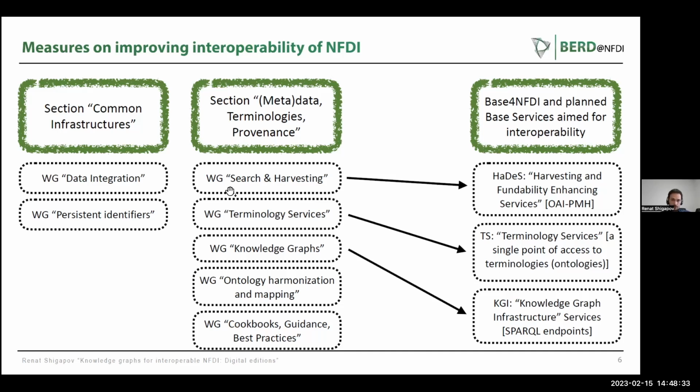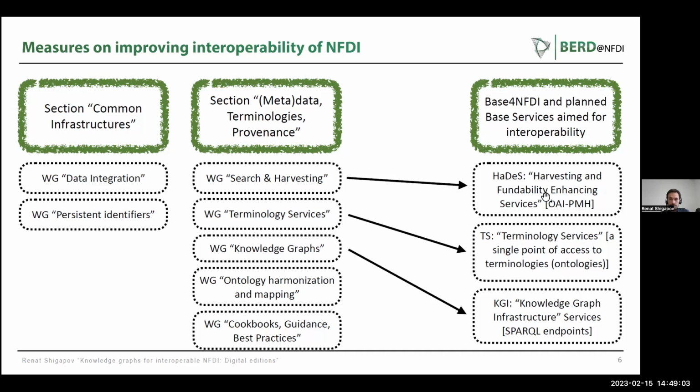And in section metadata, terminologies, provenance, there are 5 working groups, and all of them in principle aim for interoperability in NFDI. And apart from that, there is the so-called consortium Base4NFDI, which is coordinating the creation of base services in the whole NFDI. And I would like to mention here 3 planned base services aimed at interoperability in NFDI.